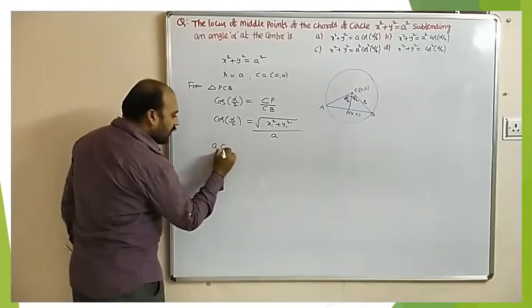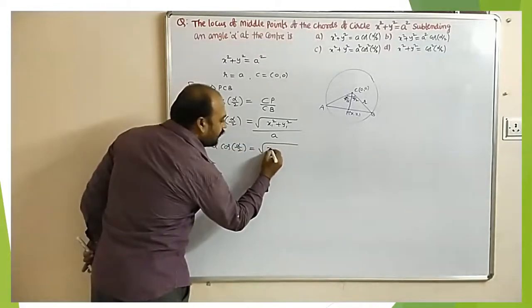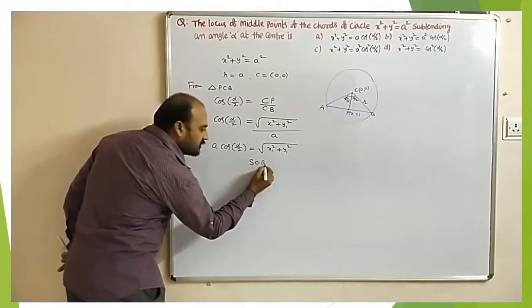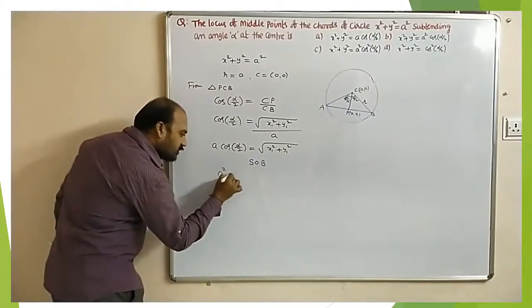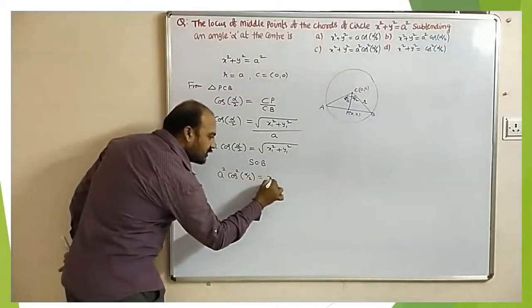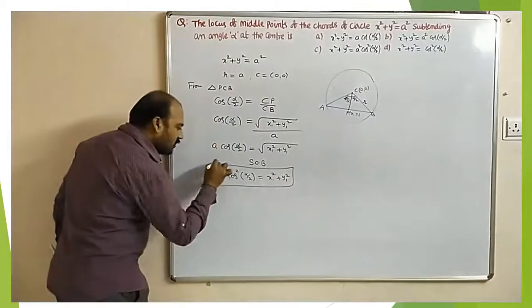Cross multiply: a into cos of alpha by 2 equal to square root of x1 square plus y1 square. Squaring on both sides, a square into cos square alpha by 2 equal to x1 square plus y1 square, which is the required locus.